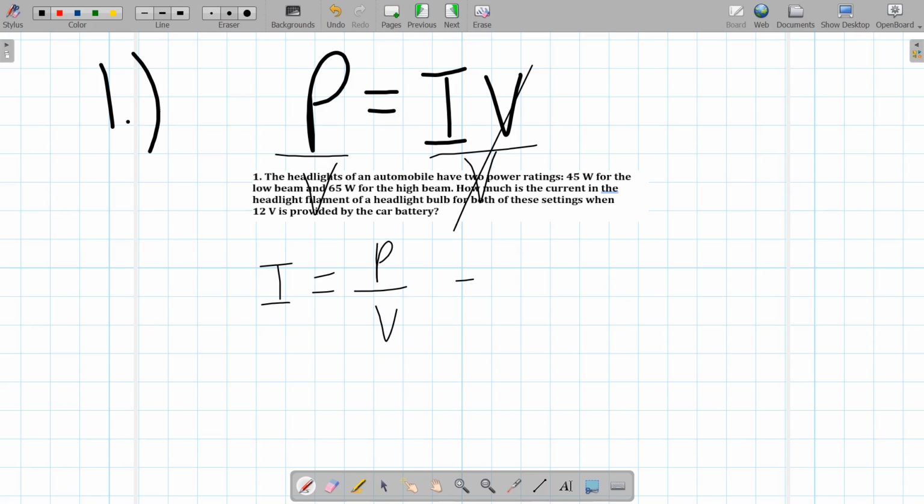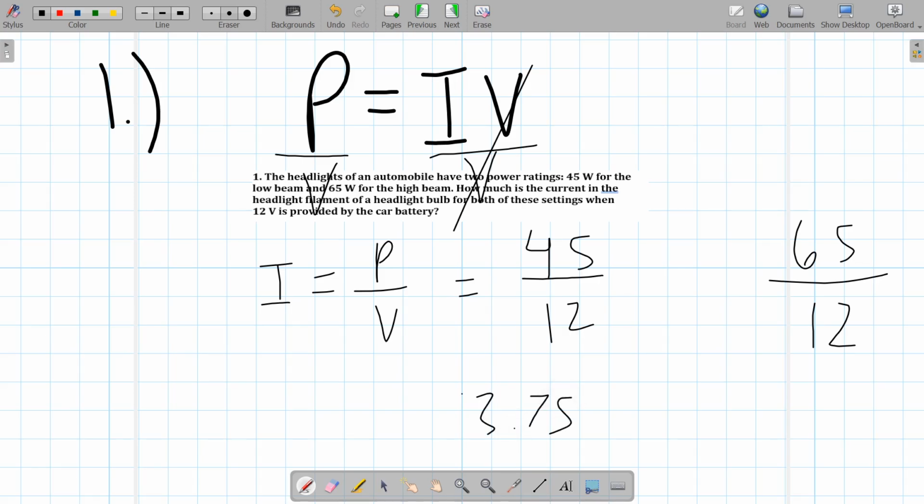Now we have to do this calculation twice. For the first setting, we're at 45 watts, and of course, that's divided by 12 volts. And for the second setting, we're at 65 watts, and that's also divided by 12 volts. For this first one, when you divide these two numbers, you get 3.75 amps.